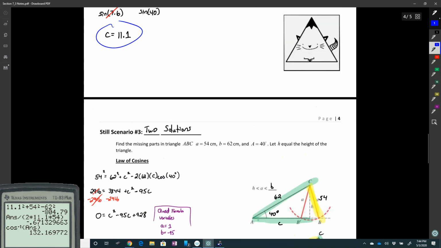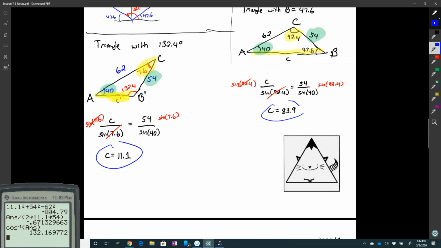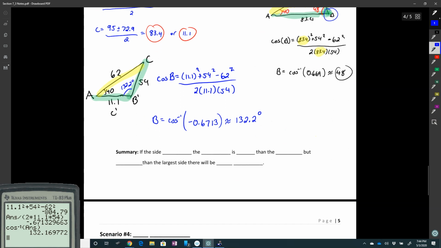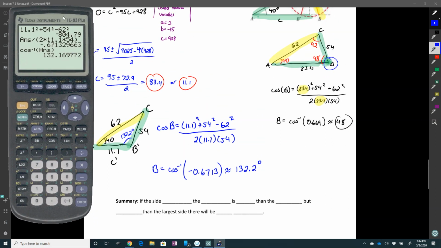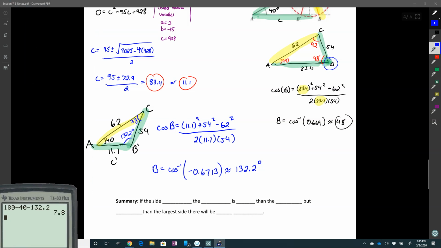And when we did it with the law of sines, it was 132.4. So 2/10 off because of rounding. Anyway, 180 minus 40 minus 132.2, 7.8. So there you go. I solved the triangle.